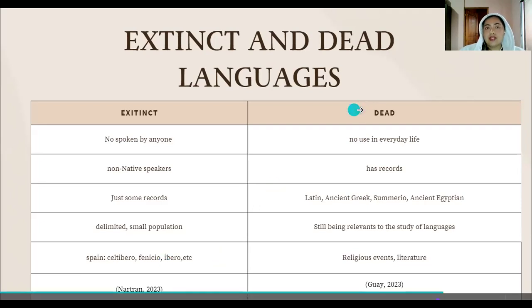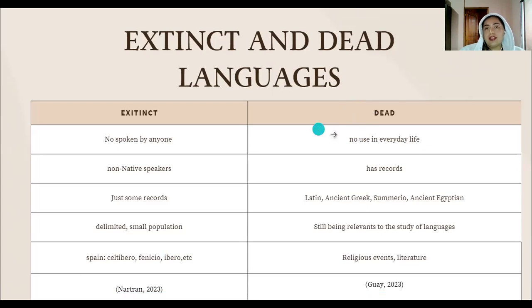The dead language, in the other case, is not used in everyday life, but people still know this language.